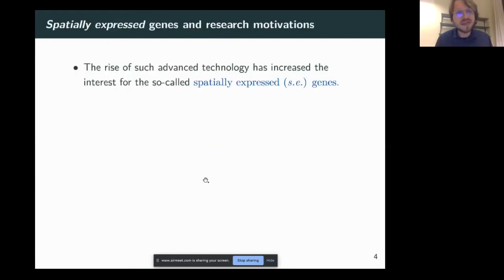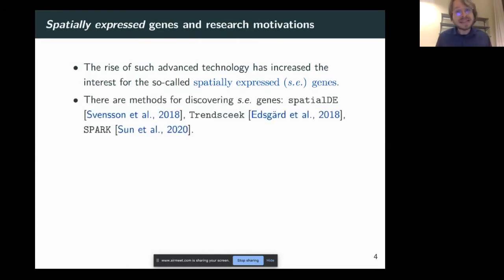In the literature, this kind of new technology has increased the interest in the so-called spatially expressed genes. These are genes for which the expression in a cell is related to the expression in the surrounding cells. But even though there are methods to detect these spatially expressed genes, there are still some things that must be investigated.